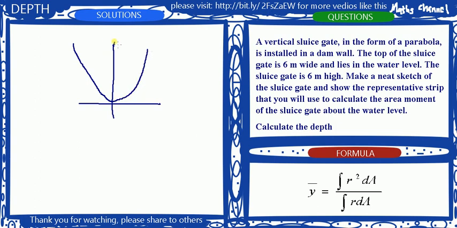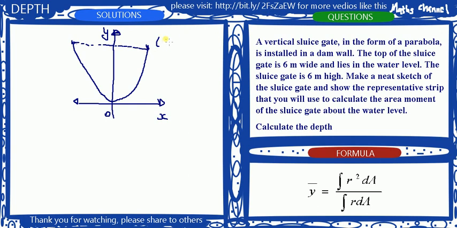So we are told how wide it is, and this is the water level point. The width, they told us, is 6.